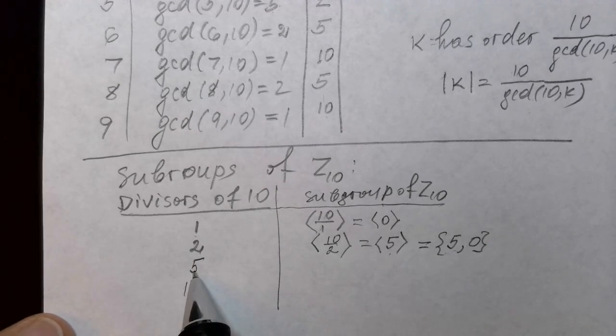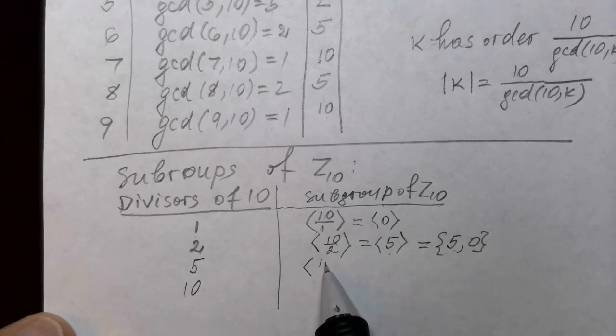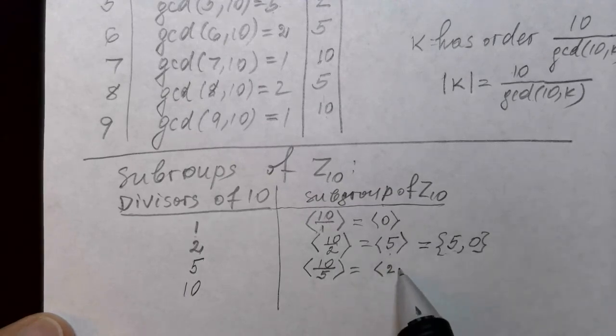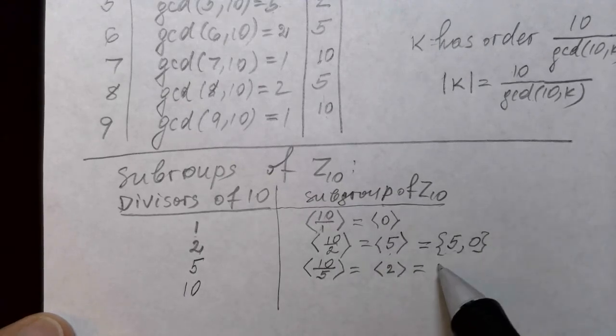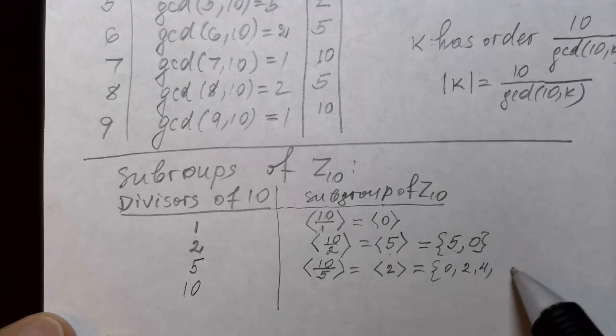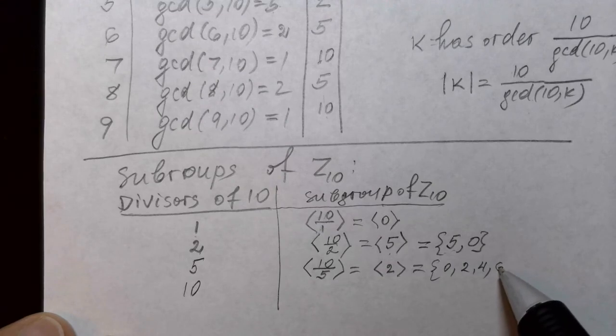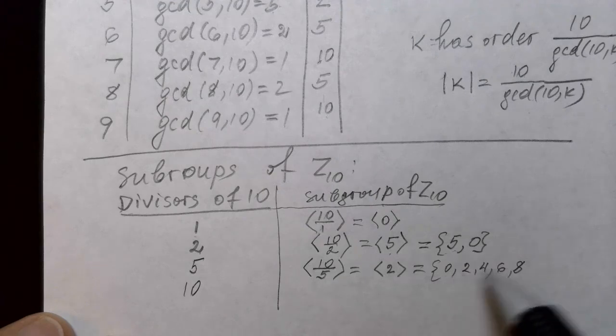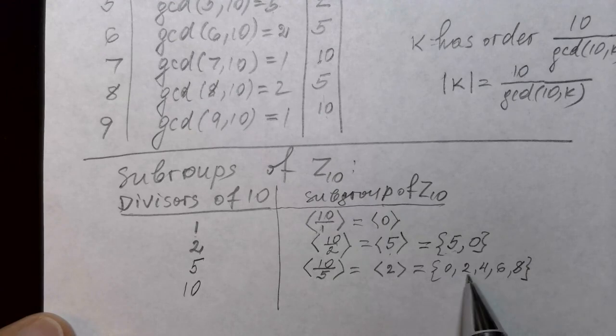How do we get a subgroup of order 5? We take 10, divide this 10 by 5, we get 2, and then all multiples of 2, these are 0, 2, 4, 6, 8, and 10 mod 10 is 0, we already have 0. How many numbers here? 5. So this is a subgroup of order 5.